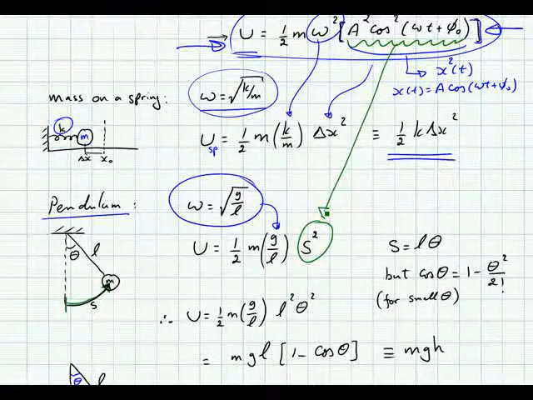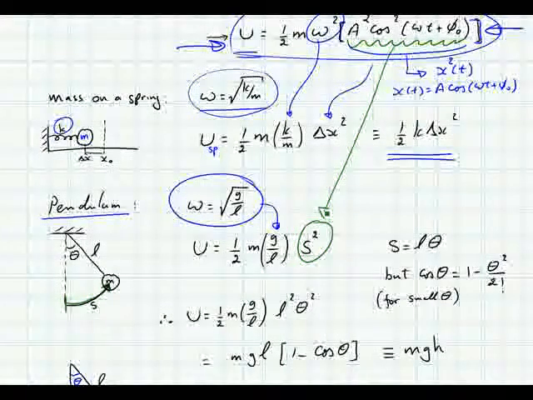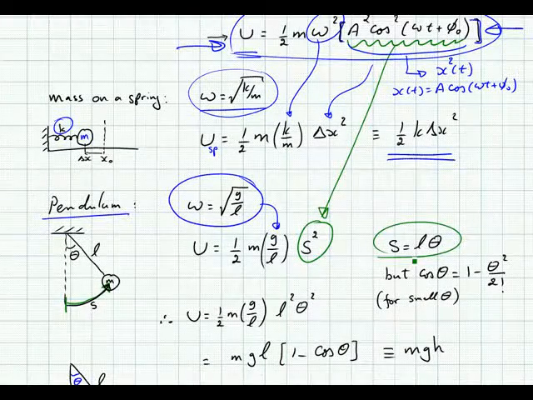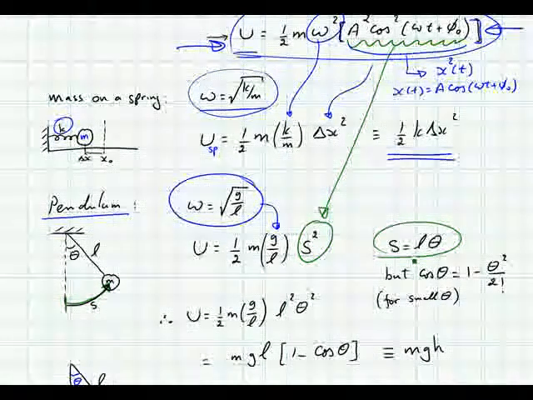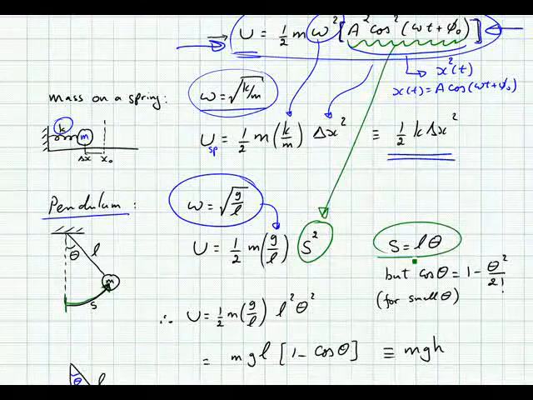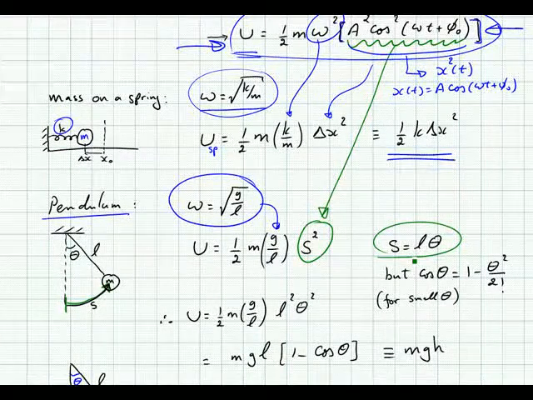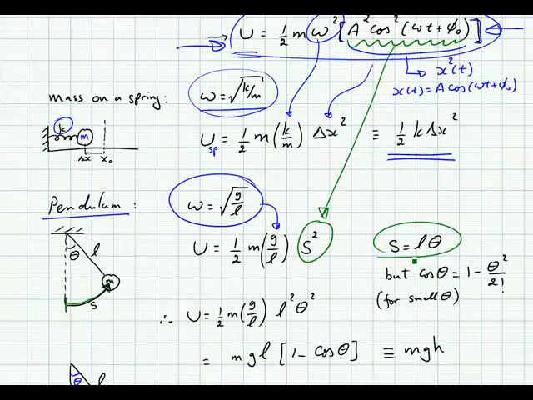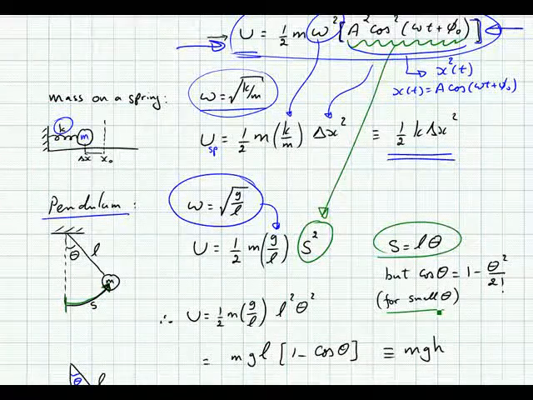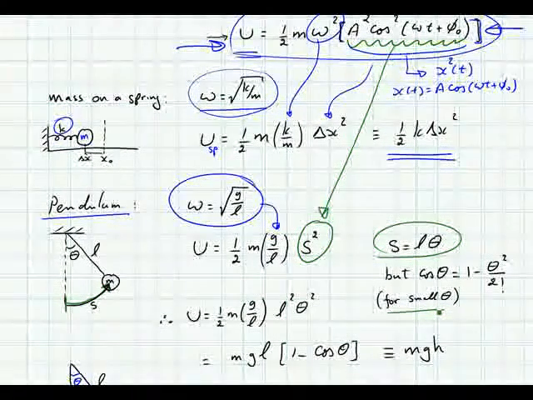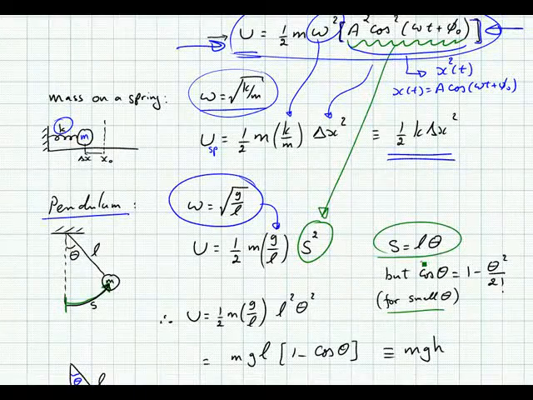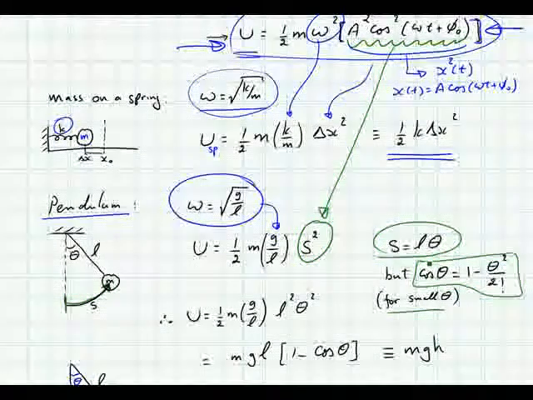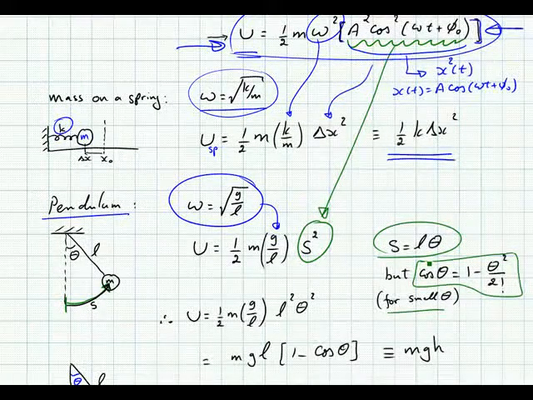That's our position term. But as you very well know, the arc length s is equal to L theta, where L is the radius of the circular path, or in this case the length of the pendulum. But we said that the pendulum exhibits simple harmonic oscillation, obeys simple harmonic motion, only for small theta. And if you look back at your trig identities, you can see that cosine theta, for small theta, can be written as 1 minus theta squared over 2 factorial, which is simply 2.